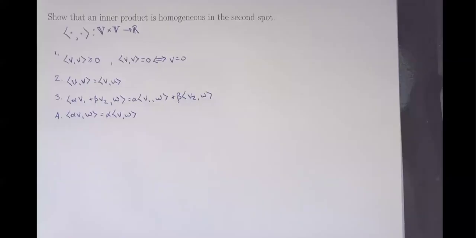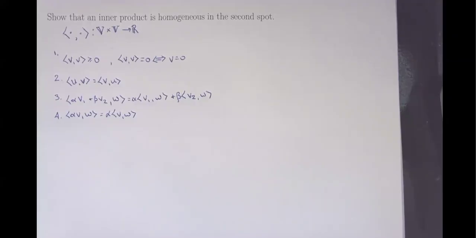You might have linearity in the second slot. Perhaps if you're a physicist, there's lots of different conventions for this definition. We want to show that the inner product, though, based on these assumptions, is homogeneous in the second slot.